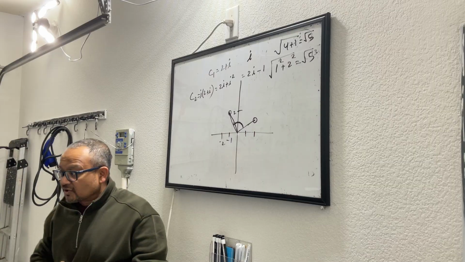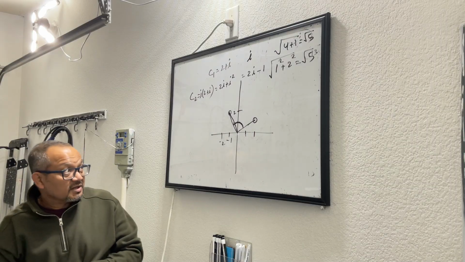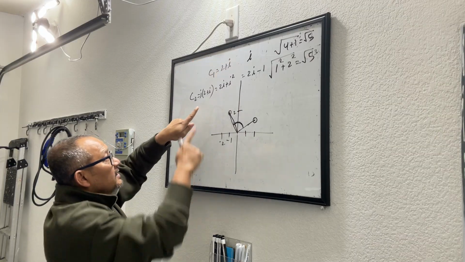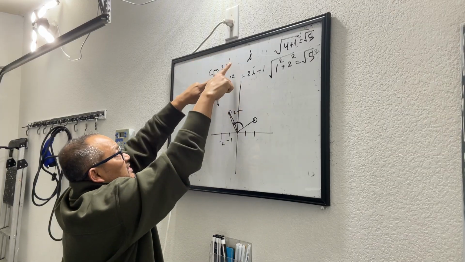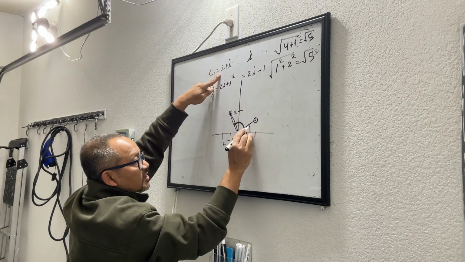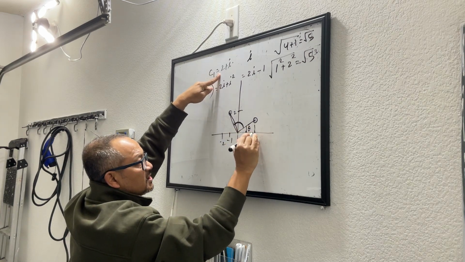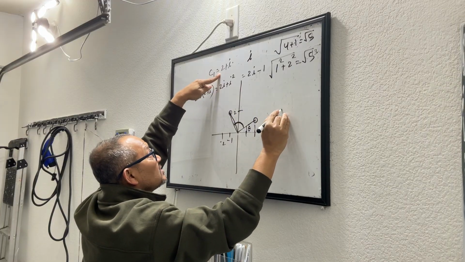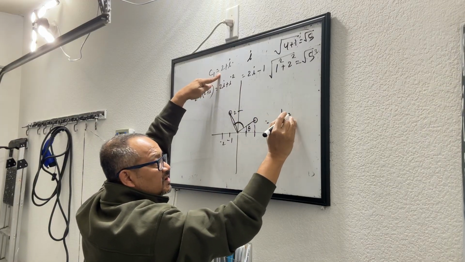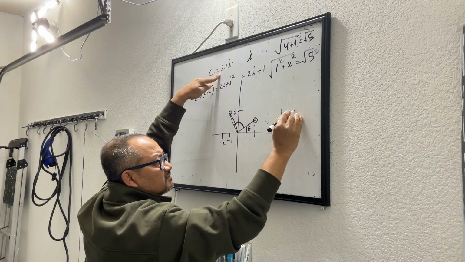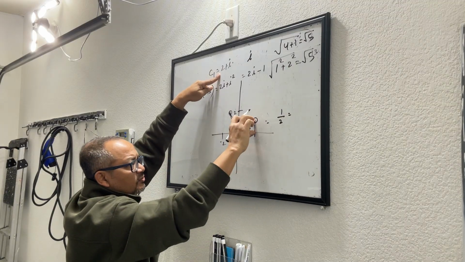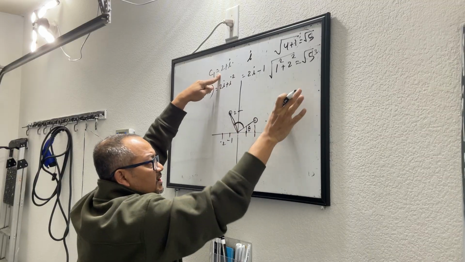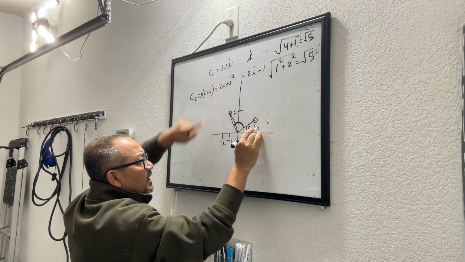Now again, I'm forcing you guys to believe that you are rotating by 90 degrees. Let's look at it. If this is my complex number, this angle theta, what is the magnitude?